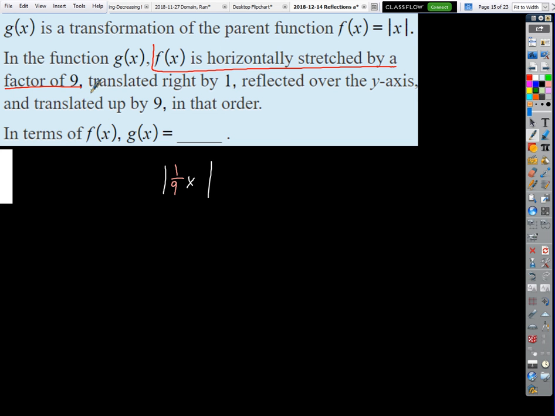How do we translate right by 1? Subtract 1. But I have to be careful about that. I'm subtracting 1 inside the parentheses, right? So inside x, I'm subtracting 1 from x only, right? So here I'm going to need a set of parentheses and do that, right?